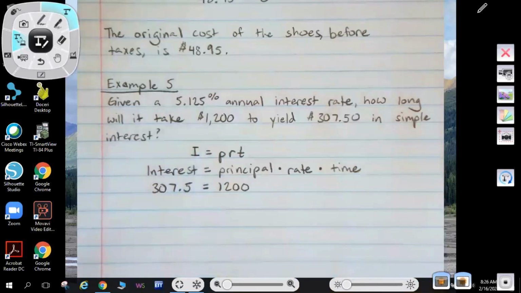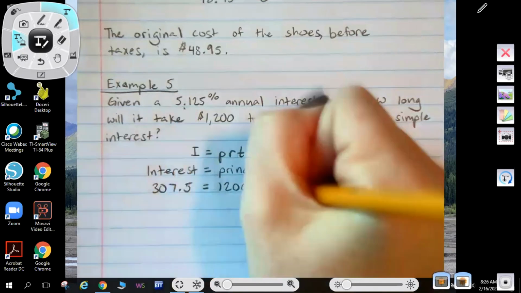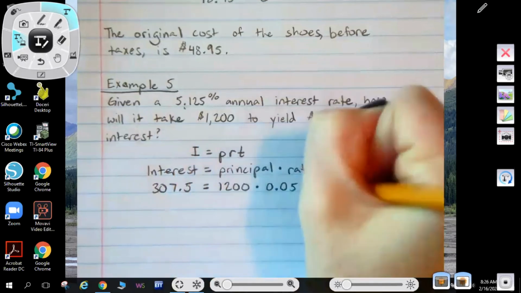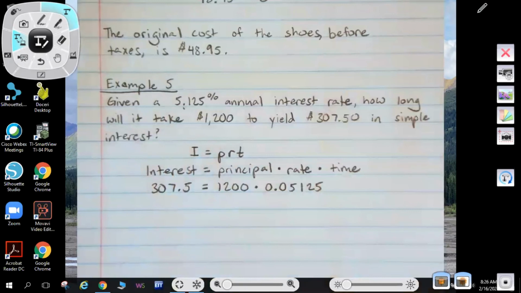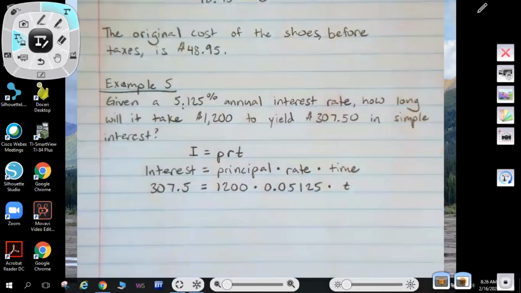We're given a rate of 5.125%. Remember, when you plug percents into problems, you need to change to decimals. So the rate here would be 0.05125 because we've moved the decimal 2 places to the left. We don't know the time, that's what we're looking for, so we'll call time t.